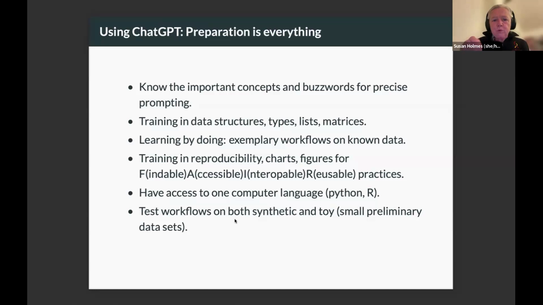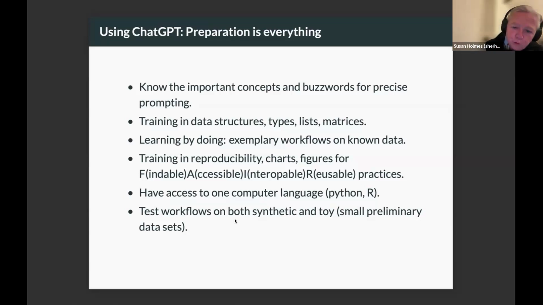And you must use the technical buzzword so that it knows your level of competency. And sometimes I find that people think, oh, I have to paraphrase. It's like talking to a child. And that's a mistake. You have to use the buzzword because you want it to be technical and you want it to understand that. And then you have to know what to be asking in terms of data structures and types and lists. So those are things that the students have to learn in the class.